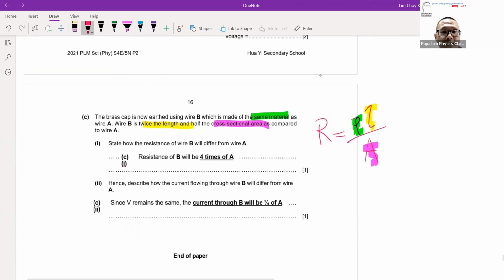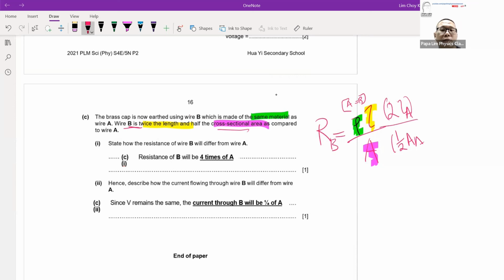You mentioned that B is the same material, so this number is the same for A and B. The length of wire B is twice, and its cross-sectional area is half of that. So this is twice the length of A, and the area is half the area of A.